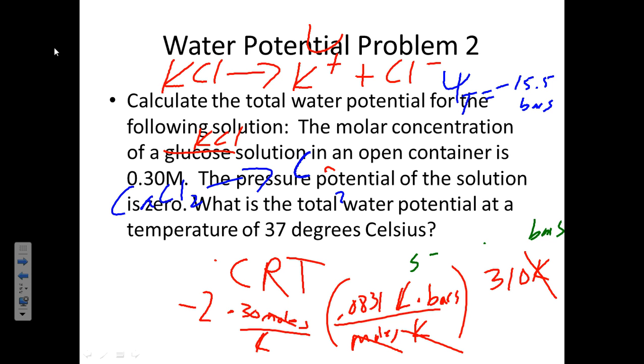Ca what? Ca plus 2. My marker just decided to stop working, but Ca plus 2 and what? 2 Cl minuses. That's what ionization constant? That's 4. You got 2 positives and 2 negatives. 4. i would be 4. And that's where we will stop.